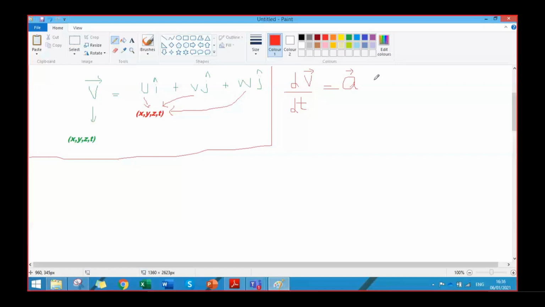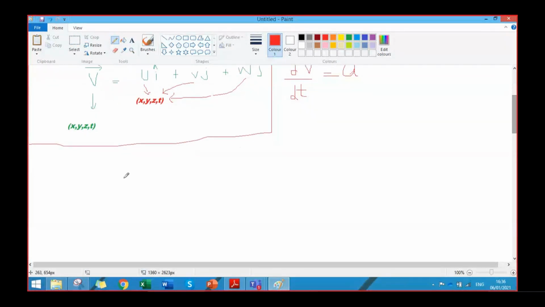So the acceleration is the derivative of the velocity field with respect to time.